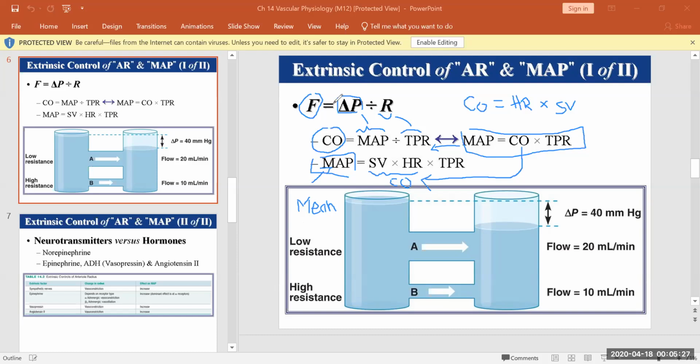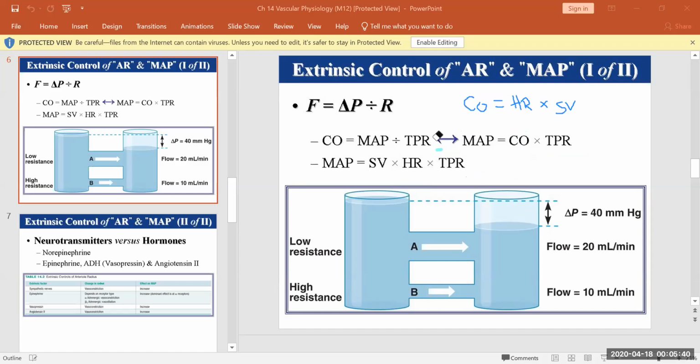Now let me erase this and then put a story to these equations, because you never want to learn these equations at face value, because it's meaningless. You need to put a story, like you need to put a name to a face, right?